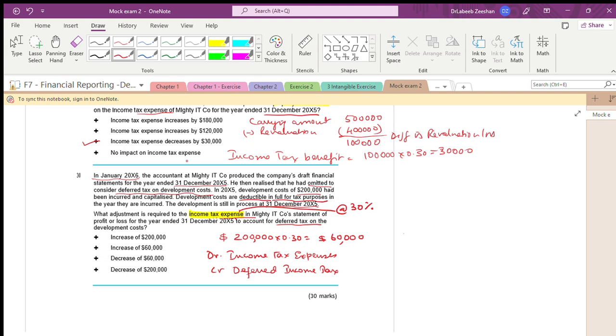When he has to calculate the tax on the 200,000, what will happen? The expenses will increase or the expenses will decrease? It will increase. Is it right? It will increase.